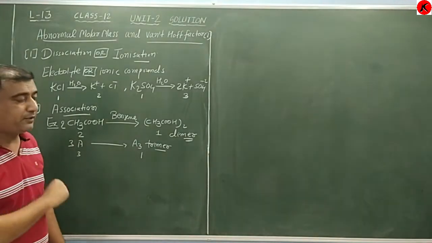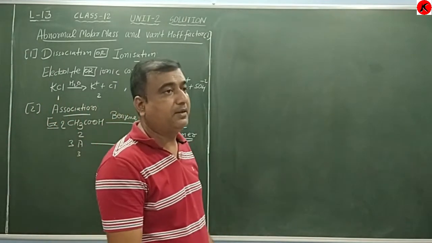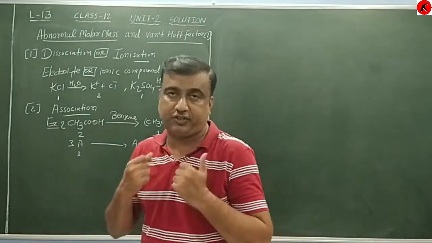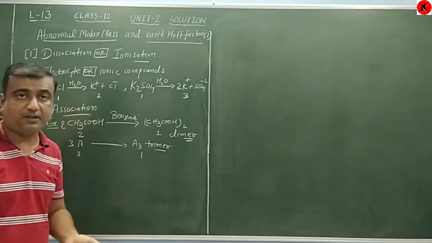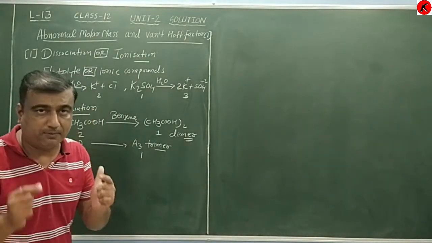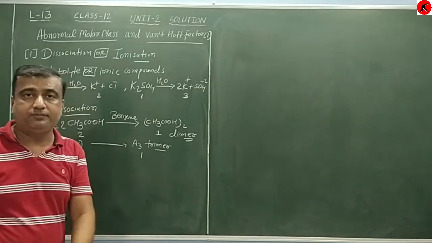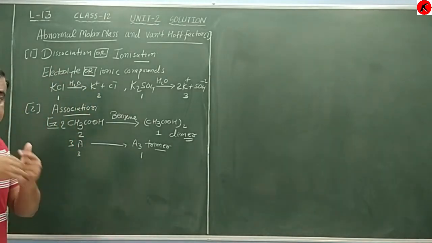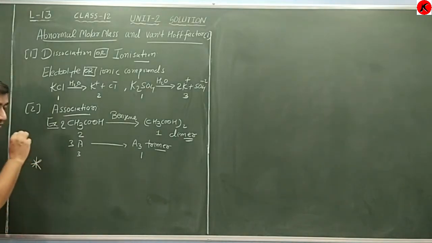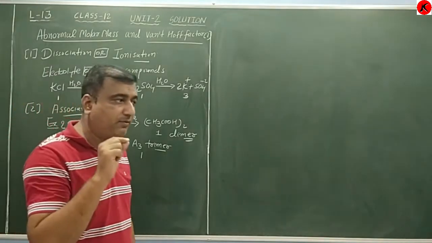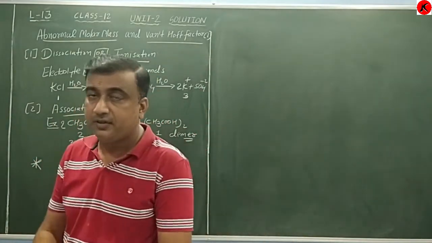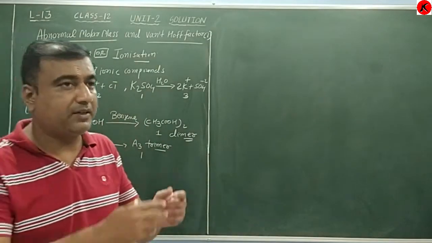That means colligative properties, which depend upon the number of particles, also change. Because the number of particles changes due to dissociation and association, and we know colligative properties depend upon the number of particles.